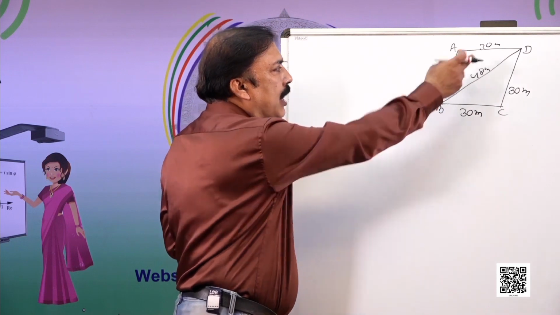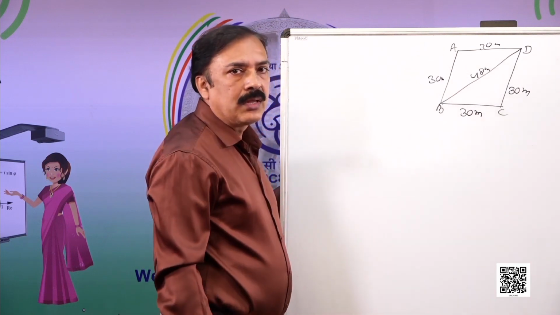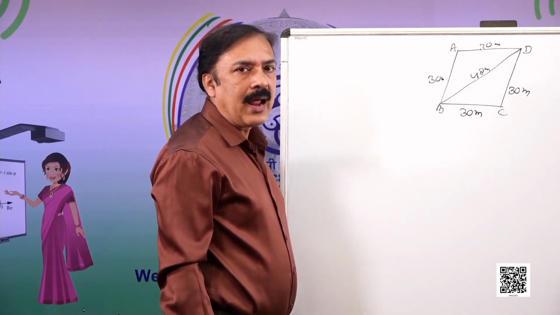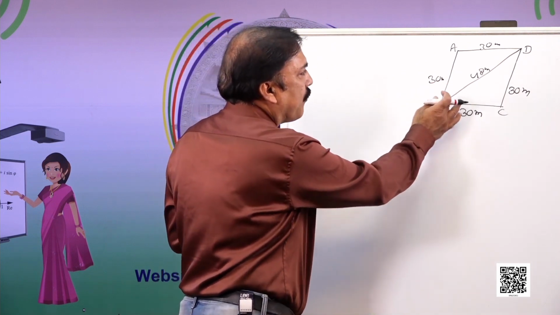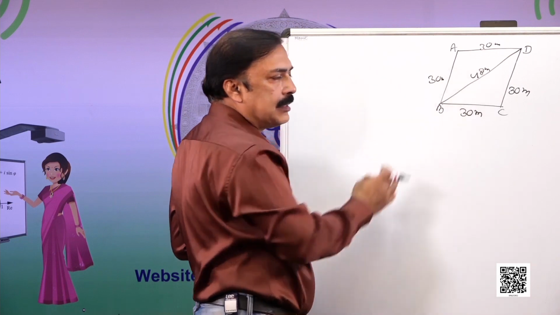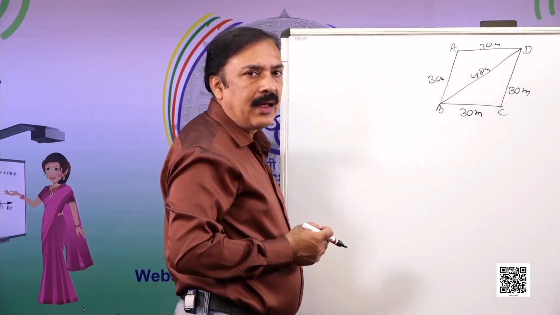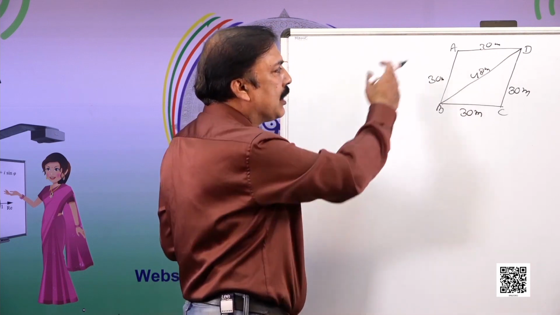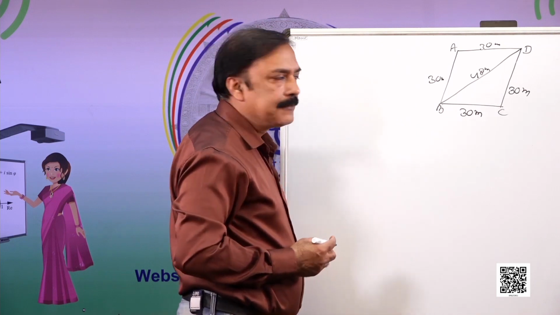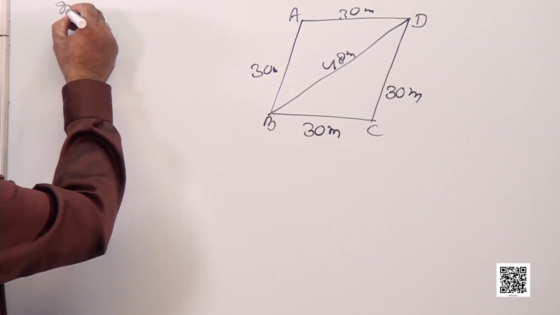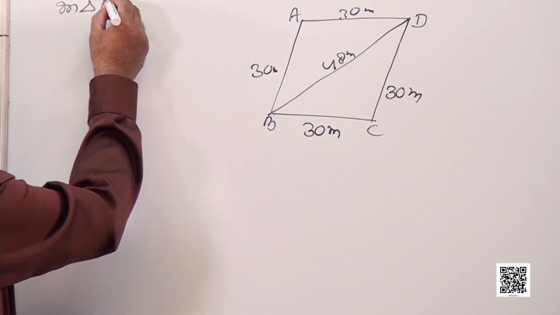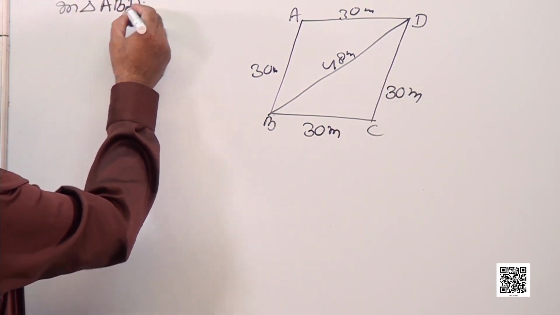This diagonal divides the rhombus into two equal triangles. So if we can find the area of one triangle, then by multiplying that area by 2, we can get the area of the rhombus. Let's consider triangle ABD.